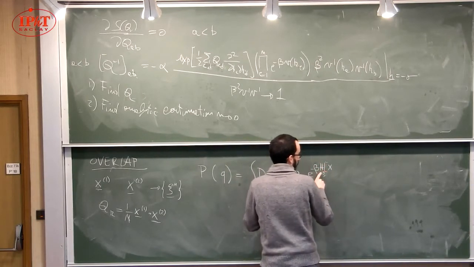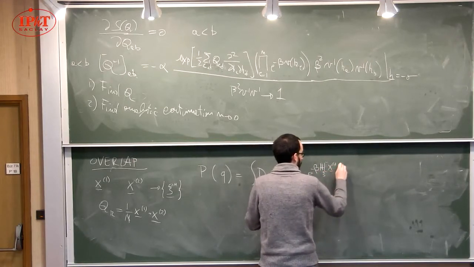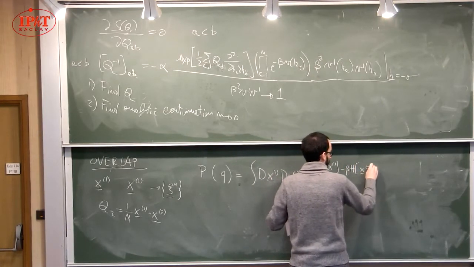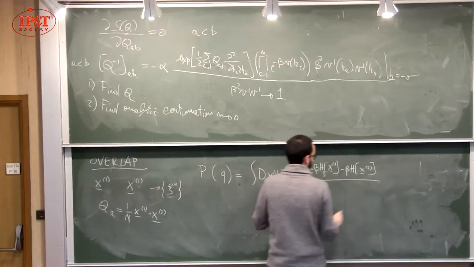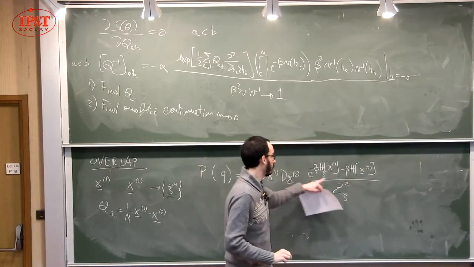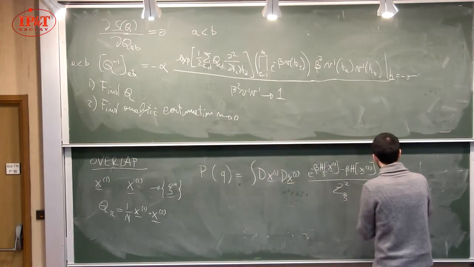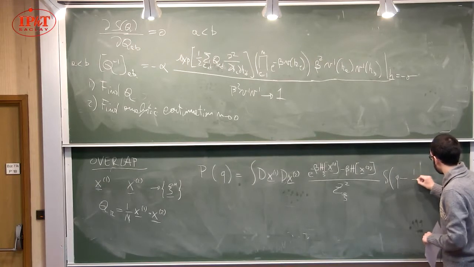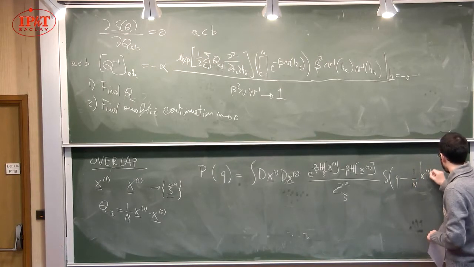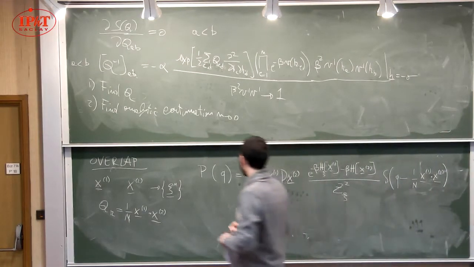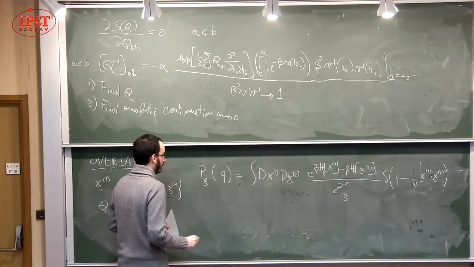So this depends on psi, of course. The Hamiltonian depends on the disorder. So I have the normalization. So I have two normalization factors. And then here I put a delta.